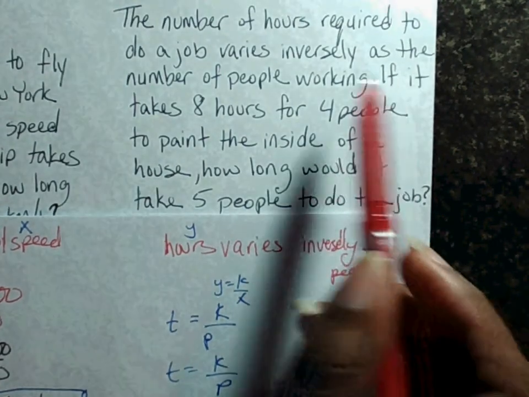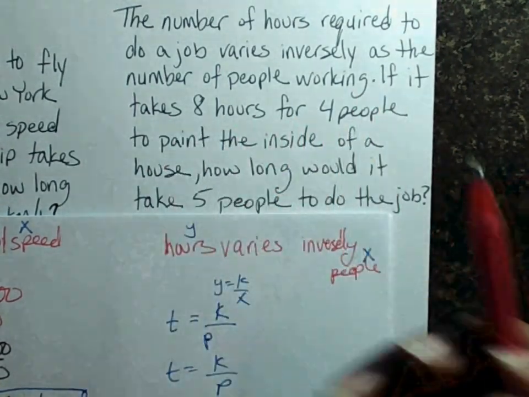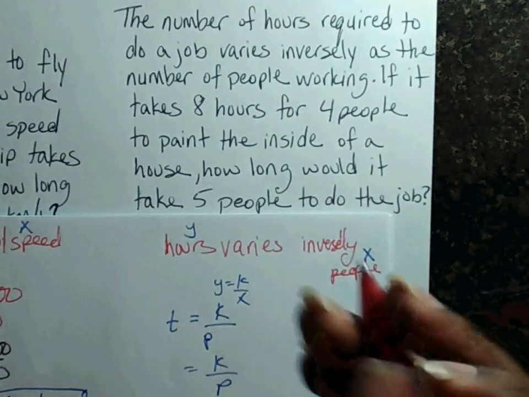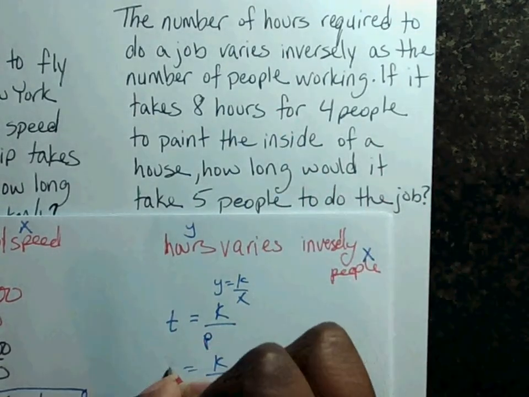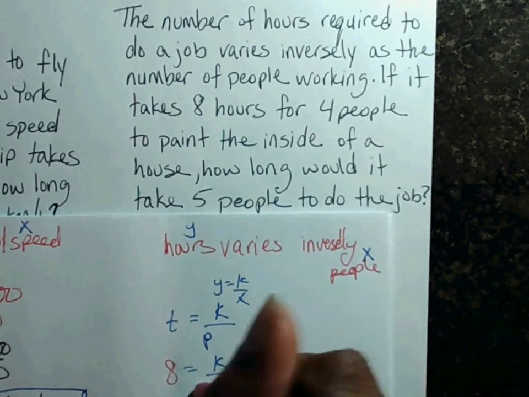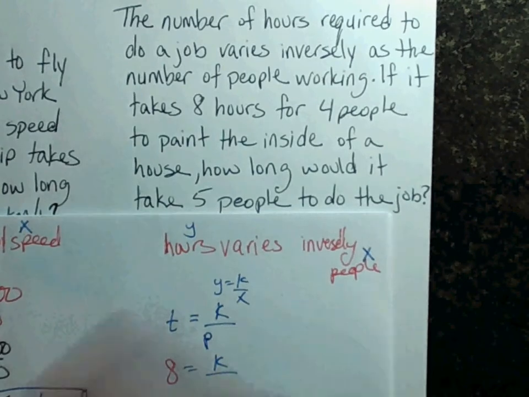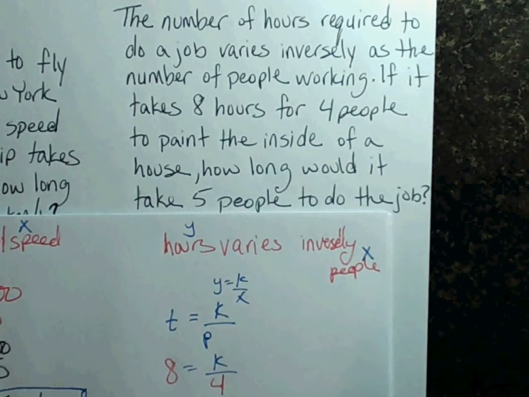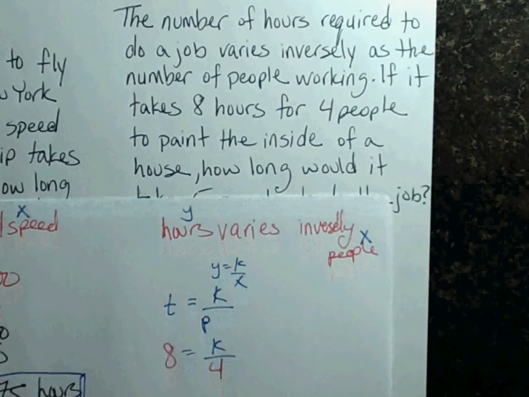Right here. 8 hours for 4 people. So instead of time, I am going to write 8, because that's the time they told me. Instead of P, I am going to write 4. So, I have my equation.